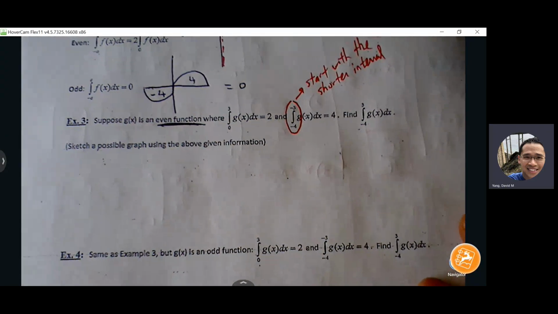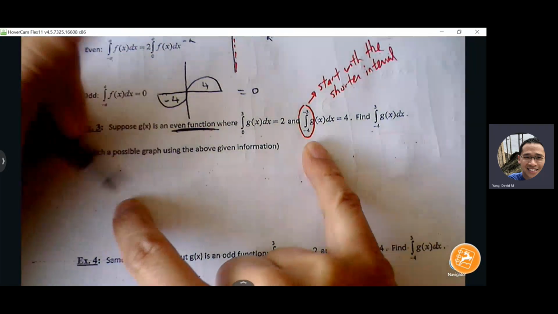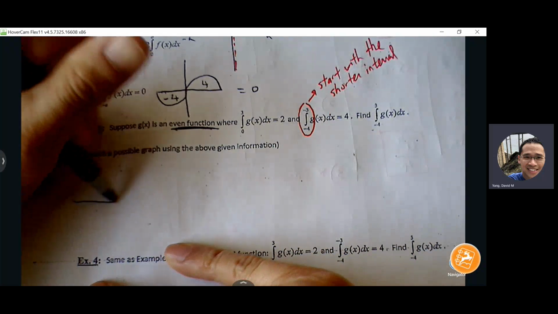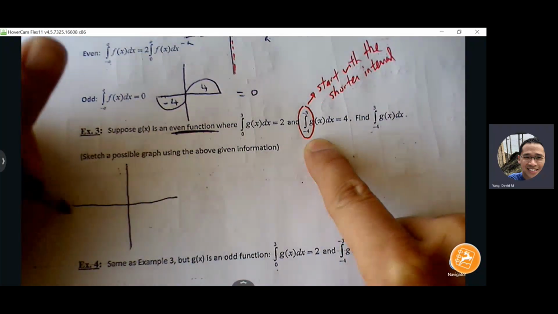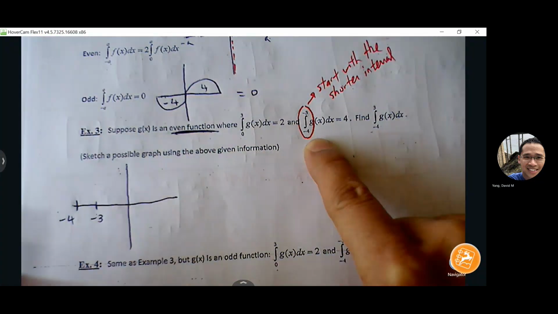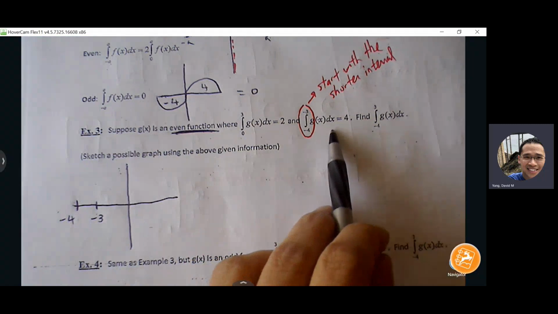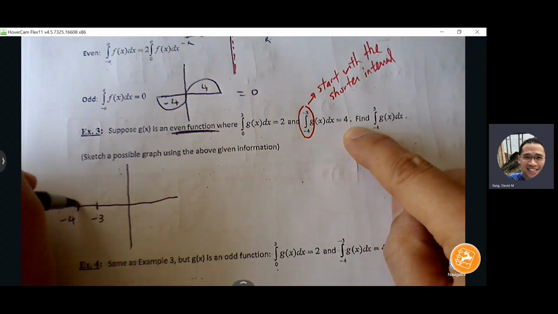Okay, our regions will never overlap with each other. So let's start with the shorter interval. Okay, so start with the shorter interval. We're going to build out a region from -4 to -3. And it's going to create a region called 4. So I'm just going to create a region, and I'm going to call it 4.